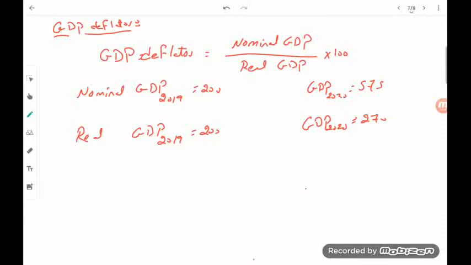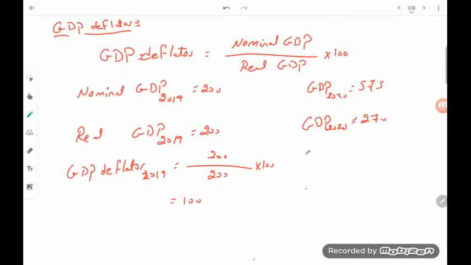So now we are going to calculate GDP deflator for years 2019 and 2020 and compare both of them. GDP deflator for year 2019 will be calculated as nominal GDP of year 2019 divided by real GDP multiplied by 100, so it's 100.